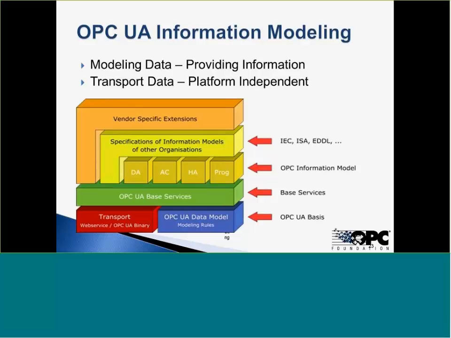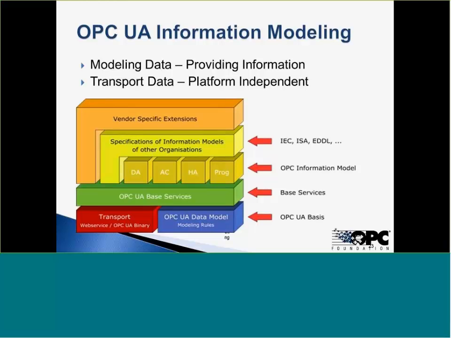More importantly, not only does OPC have its own information model for our information, we also have allowed the opportunity for vendors to add extensions and still have interoperability, so they can take all of their favorite data from their PLC or DCS, populate that, and make it generically accessible by the clients.